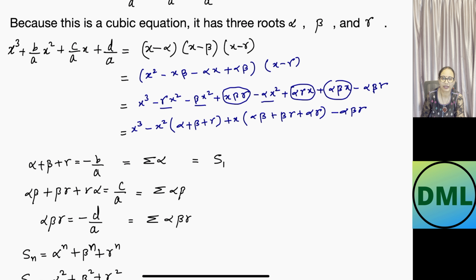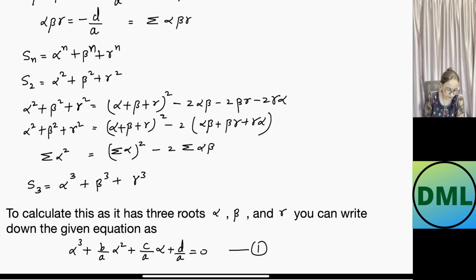If I have to find out the value for S2, I'll substitute n is equal to 2 here. I'll get alpha squared plus beta squared plus gamma squared. Because it has 3 roots, we have the formula which we learned in basically grade 9. Alpha squared plus beta squared plus gamma squared is written as alpha plus beta plus gamma the whole squared minus 2 alpha beta minus 2 beta gamma minus 2 gamma alpha.